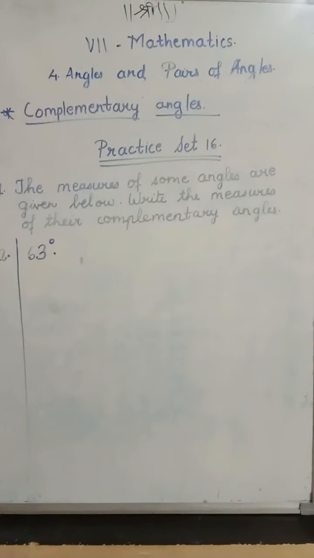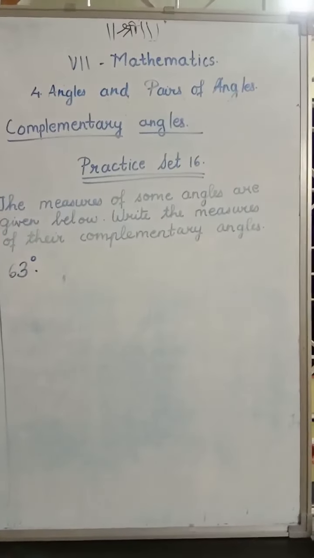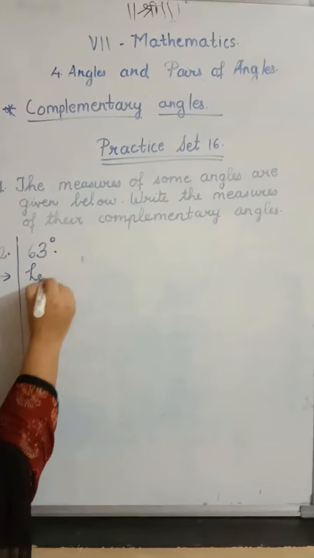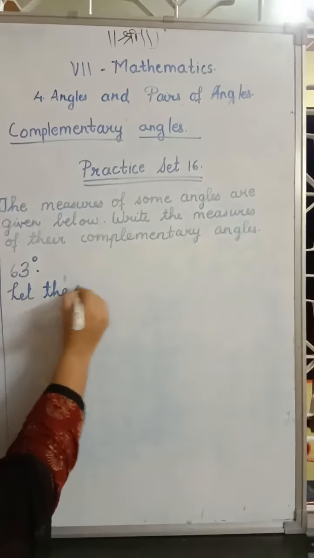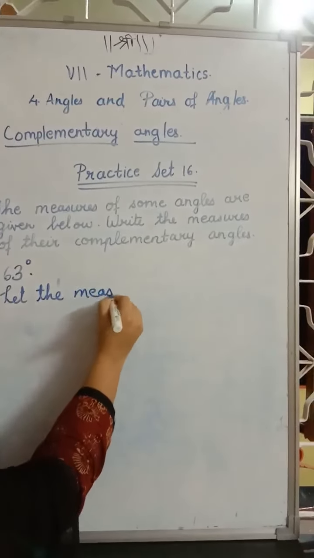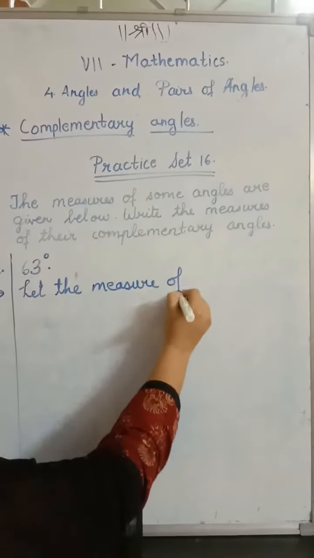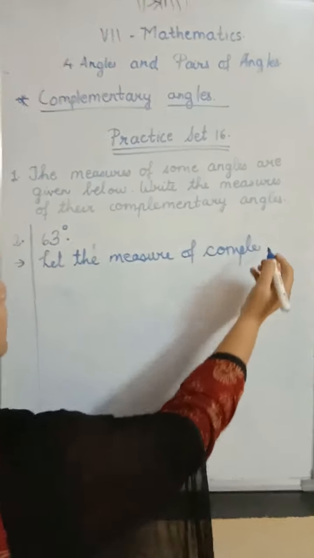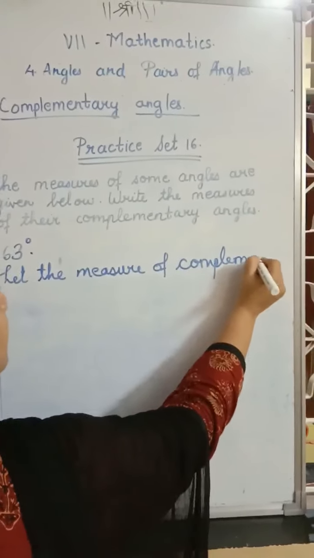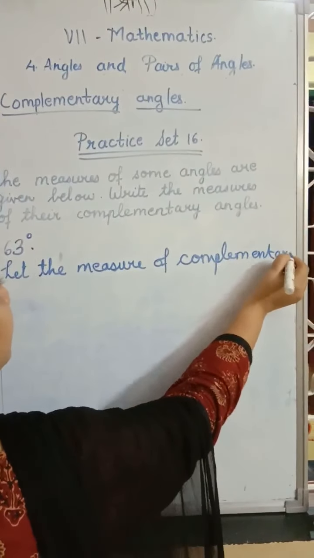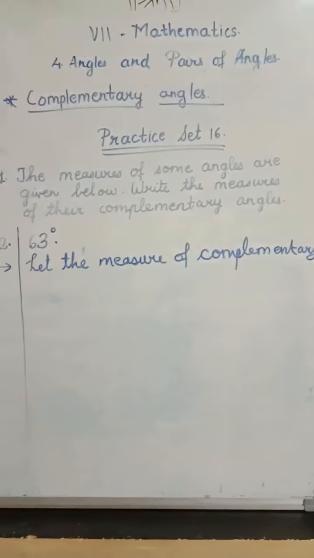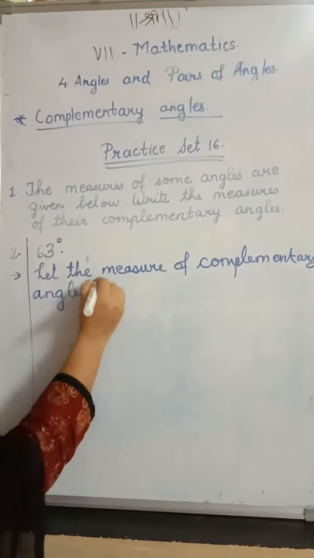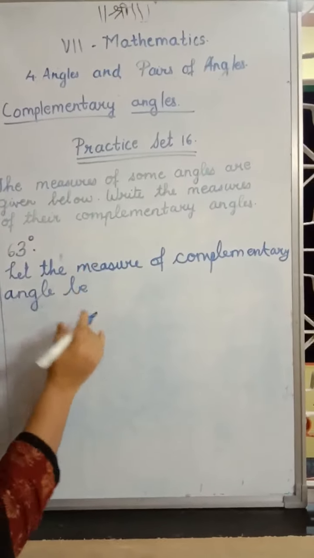The second sum is angle 63. We don't know the other angle, so again we will assume, let the measure of the complementary angle be one of the other alphabets we can take.